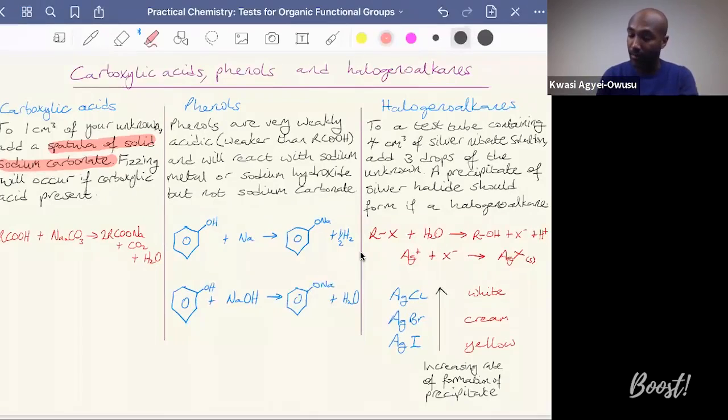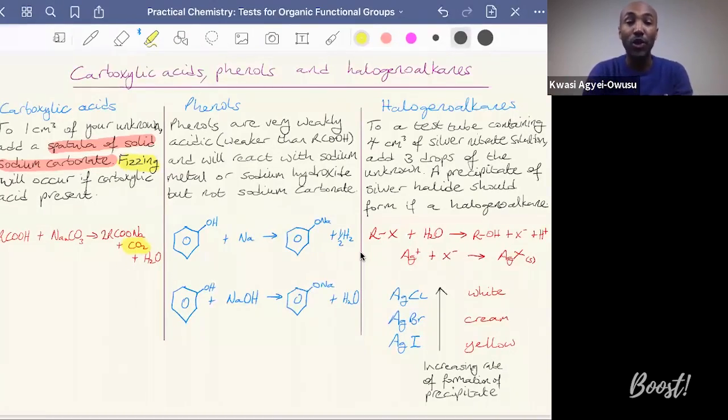So you're going to get fizzing if a carboxylic acid is present, and if we look at the balanced equation, CO2 being formed is why you get fizzing. That bubbling CO2 gas through your solution indicates that you do have a carboxylic acid group. Okay, so that's carboxylic acids.